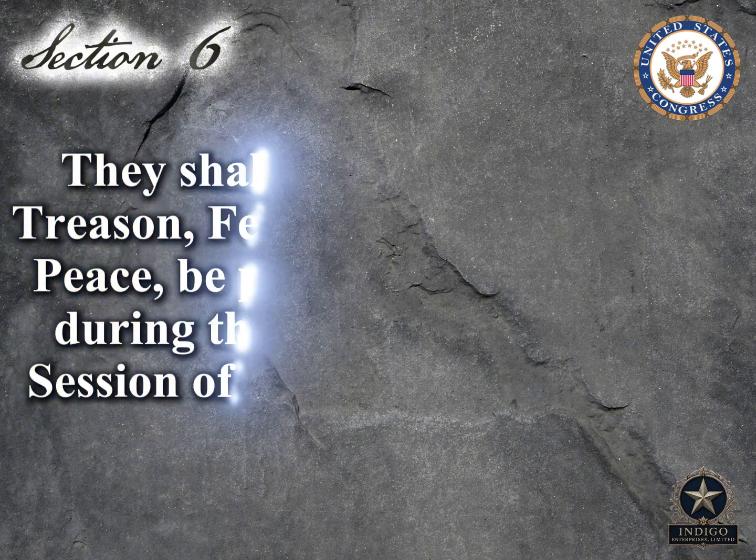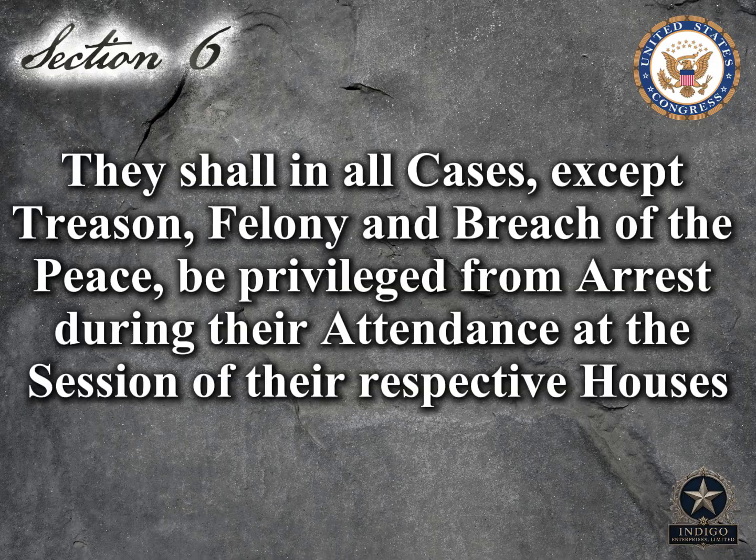They shall in all cases, except treason, felony, and breach of the peace, be privileged from arrest during their attendance at the session of their respective houses, and in going to and returning from those respective sessions, and for any speech or debate in either house, they shall not be questioned in any other place.